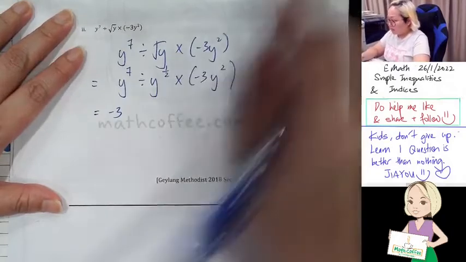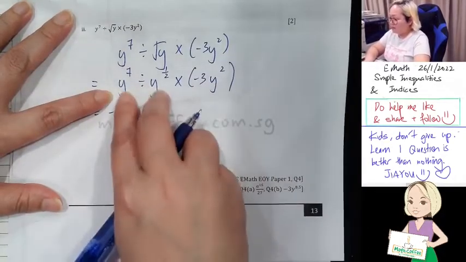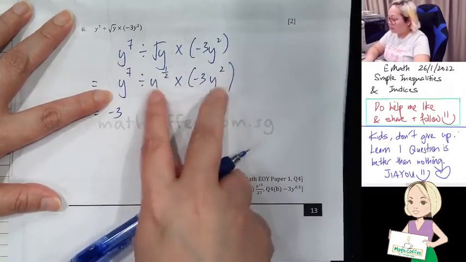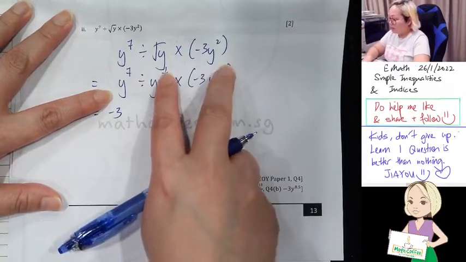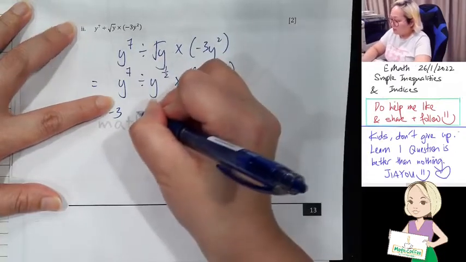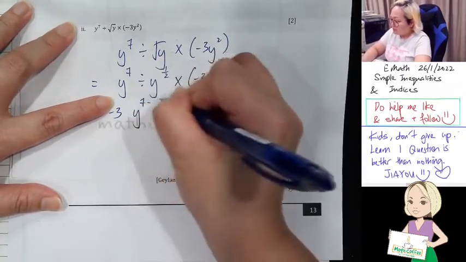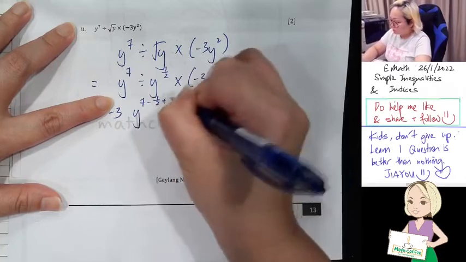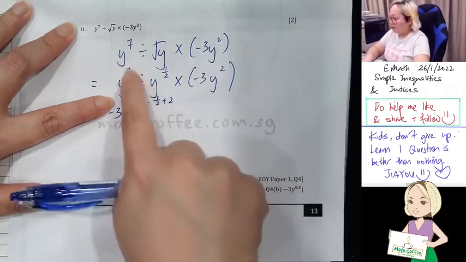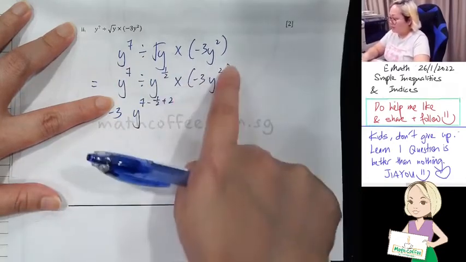Okay, and then divide same base, minus the power; same base multiply, add the power. So this one becomes y to the power of 7 minus half plus 2. Divide means minus, multiply means plus.